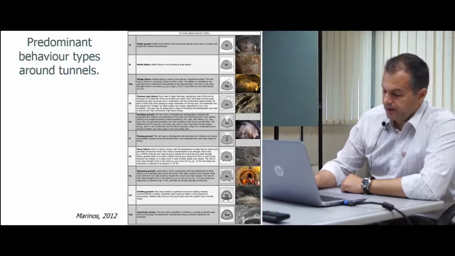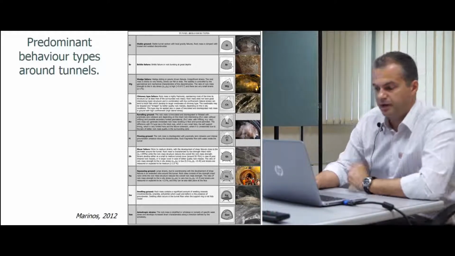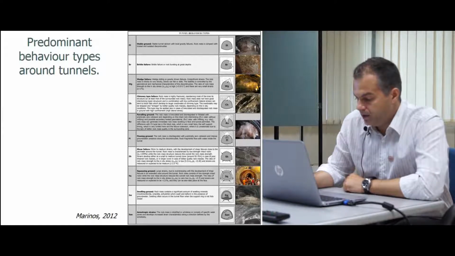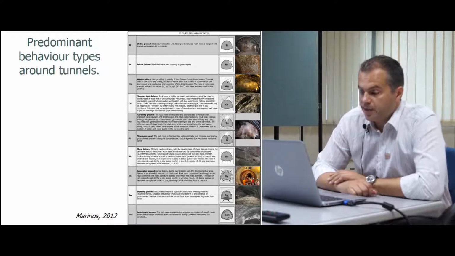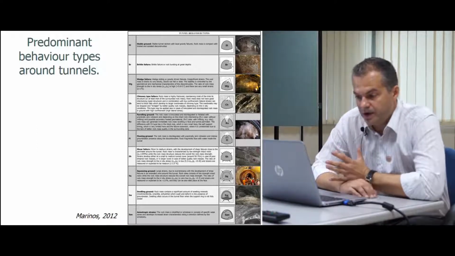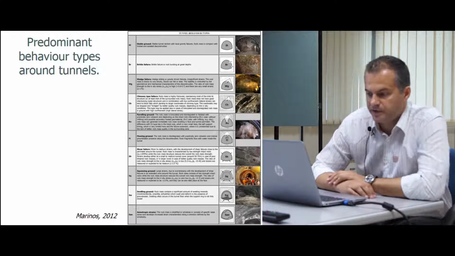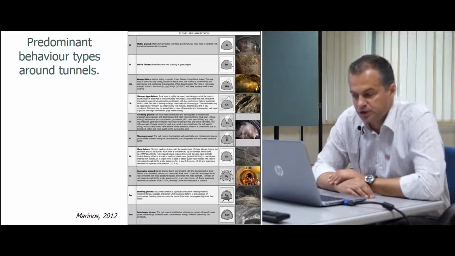So let's see. Let's have a quick look of the possible behavior types we can use in this methodology. So we start from the stable ground. So no failure here. We may have some local gravity failures, but the rock mass is compact with limited and isolated discontinuities.